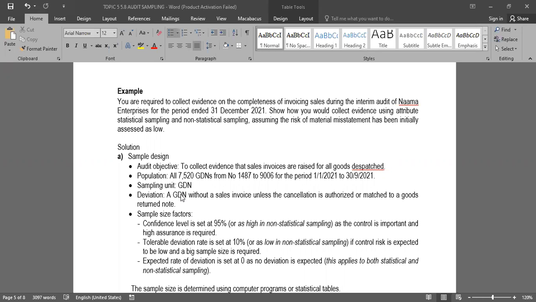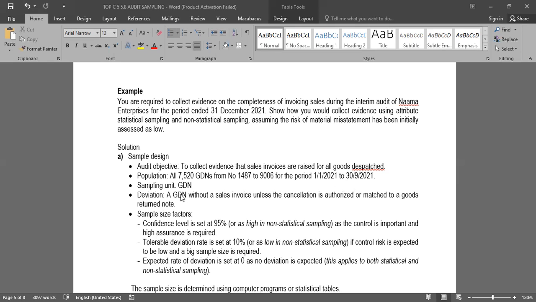Somebody raises a sales invoice when goods are delivered to the customer. Once the goods are delivered and the customer has signed that they have received the goods, then we issue them an invoice. So for completeness, all goods delivered are supposed to be invoiced. The only way you can test for that completeness is when we come from the goods delivery note to the sales invoice.